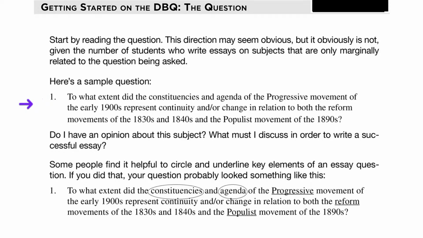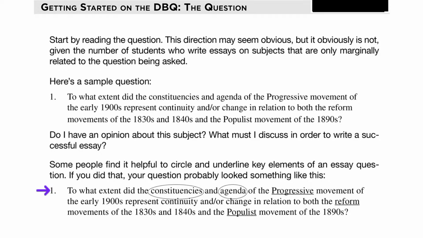So this one says, to what extent did the constituencies and agenda of the progressive movement of the early 1900s represent continuity and or change in relation to both the reform movements of the 1830s and 1840s and the populist movement of the 1890s? So here they're asking us to compare things, right? And it's really common for them to use this phrase, to what extent?